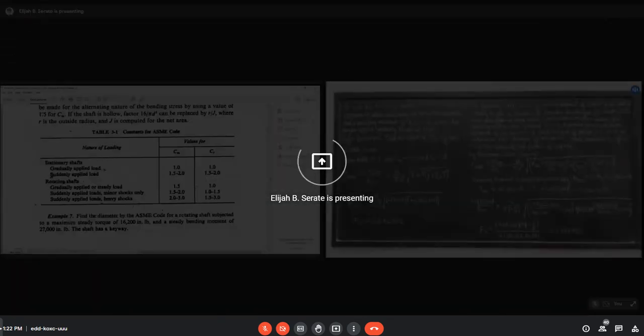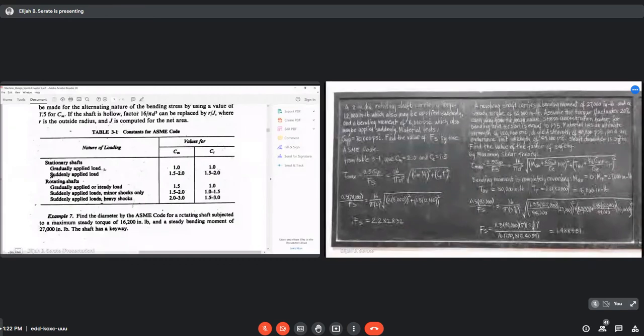Okay, class, can you see now the table? Class, can you see? Yes, sir. The table, okay? So, for our case, it is not anymore a stationary shaft. It is now a rotating shaft, and then the load is suddenly applied. Okay, so it could be this case or this case, no?